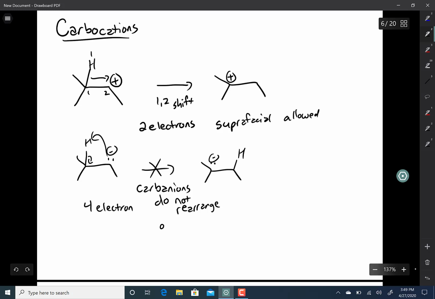A 4-electron process would be antarafacial. Now, I don't know if you can rearrange a carbanion with light. That's a little tricky to study, but I suppose it's possible. But right now, when it comes to sigmatropic rearrangements, we're just worrying about thermal ones, not the light ones.